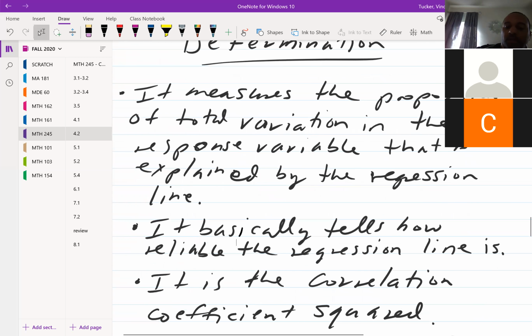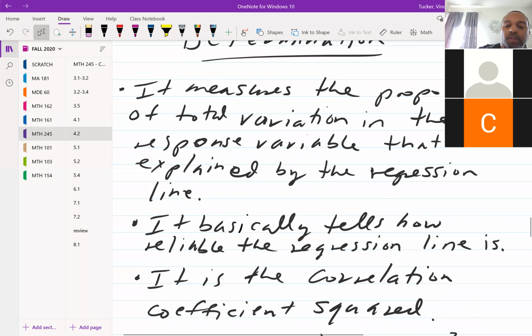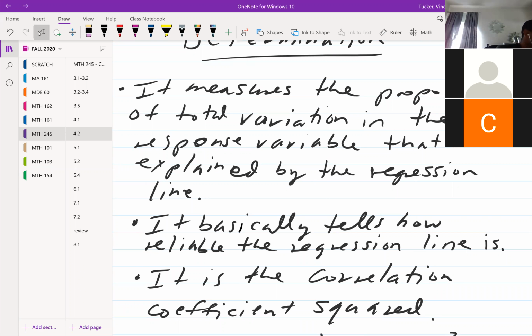All right. It is the correlation coefficient squared. I think that's it for that. So after that, I'll scroll down a little further.